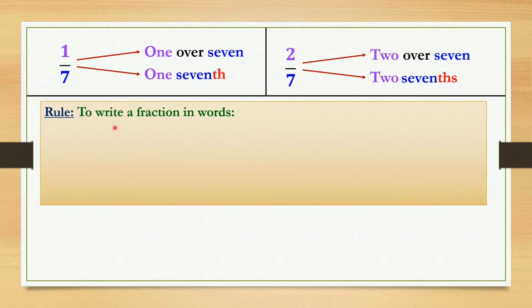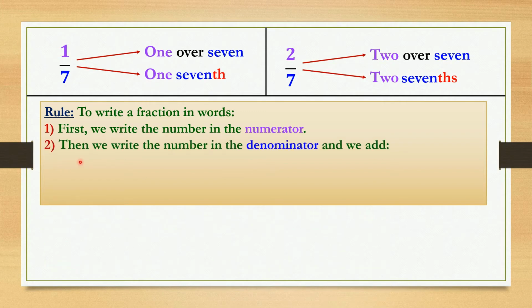So rule, to write a fraction in words, first we write the number in the numerator. 1, we write 1. Then we write the number in the denominator, 7, and we add th if the numerator is 1, it's singular.